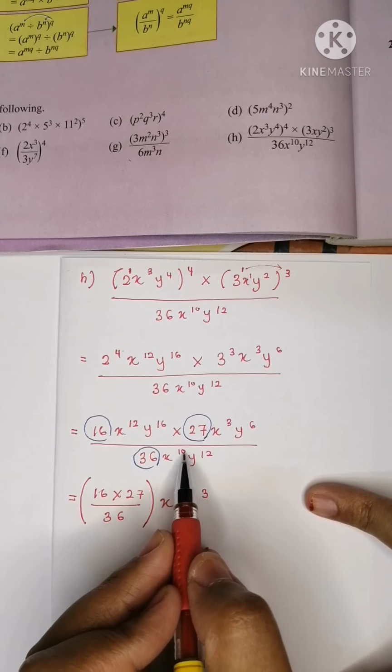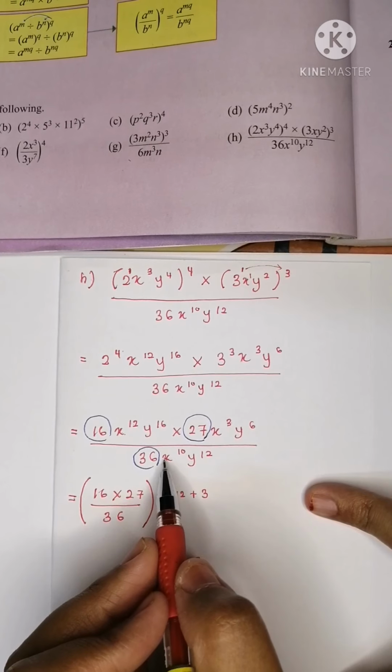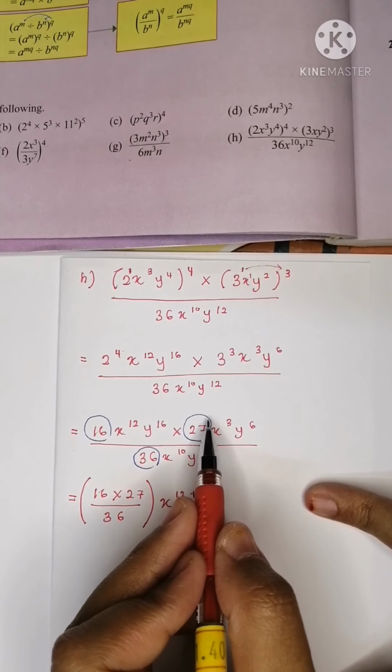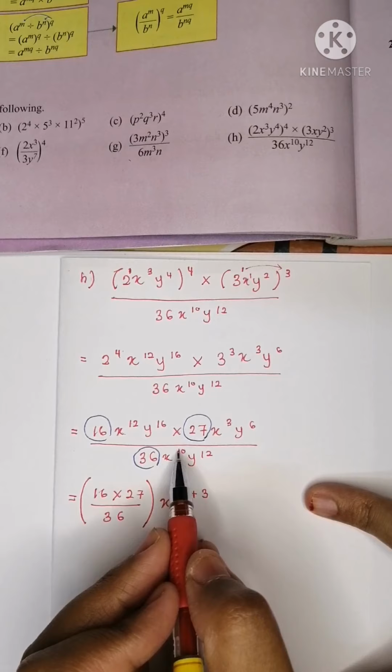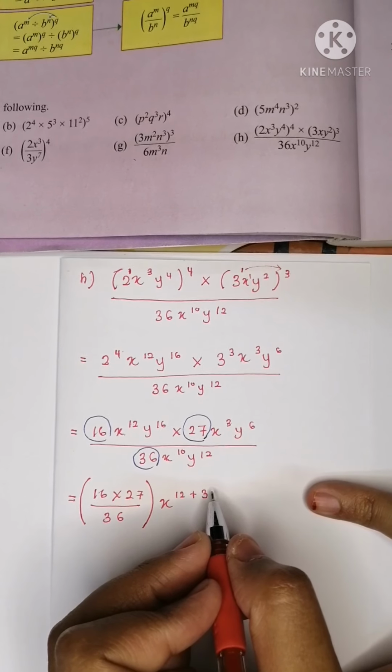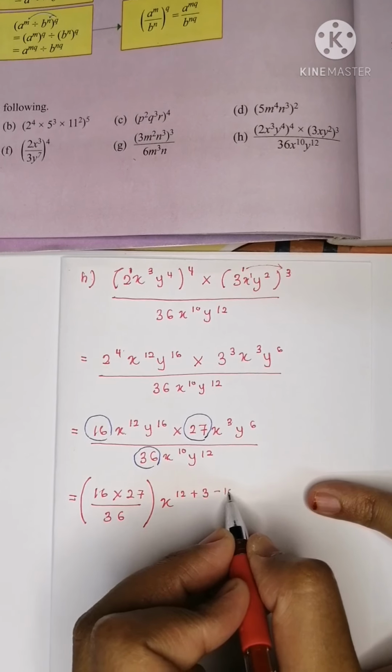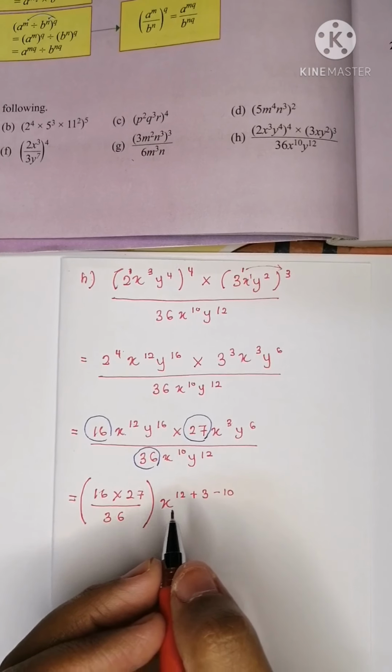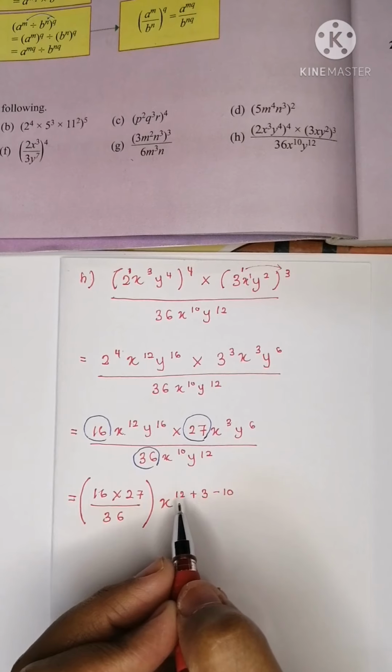For x in the denominator, the power is 10. Remember, if we bring x to the power of 10 to the numerator, the power of 10 will become negative 10. Okay, done for the unknown x.